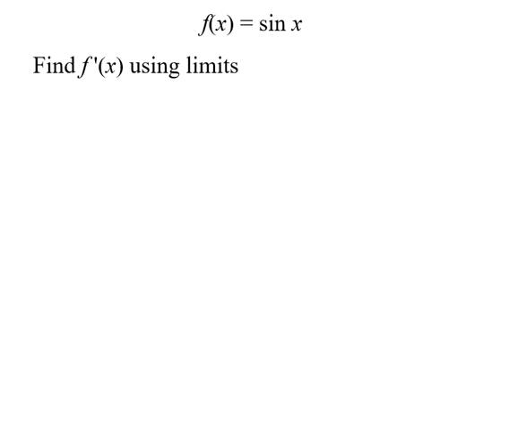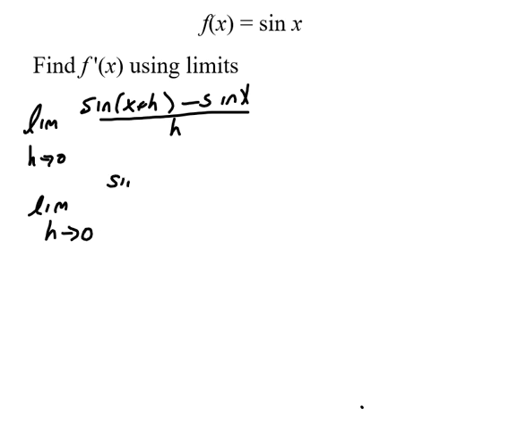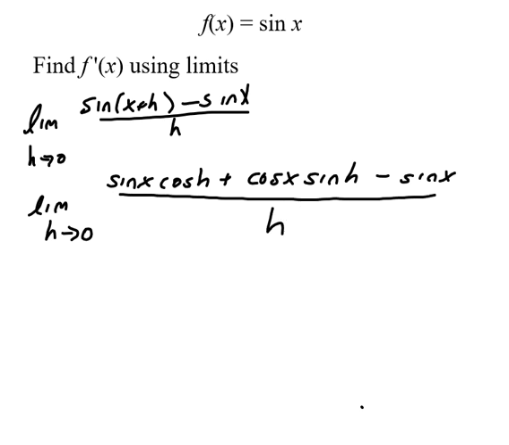So we would have the limit as h approaches 0 of sine of x plus h minus sine of x all over h. I can use my sum formula for sine of x plus h to get sine x cosine h plus cosine x sine h minus sine x all over h.